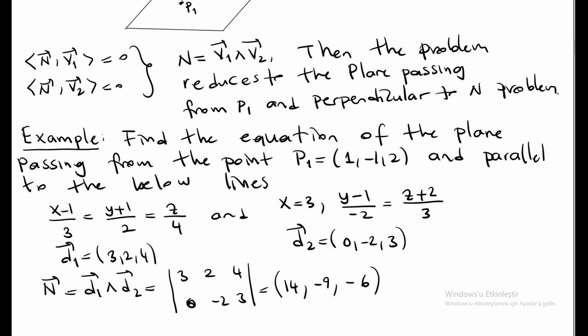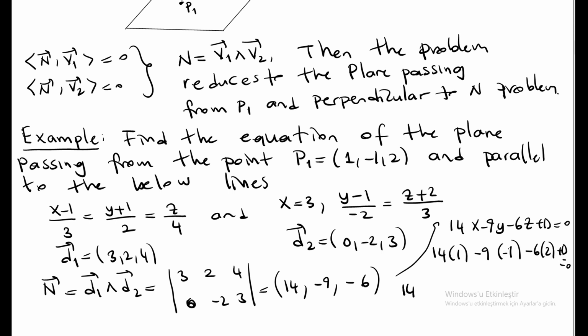So our plane is this. Here a times x. So let me write directly. You have this one 14 times x, -9 times y, 6 times z, plus t equals 0. So now put this p1, so it means 14 times 1, 9 times -1, and 6 times 2 plus t equals 0.